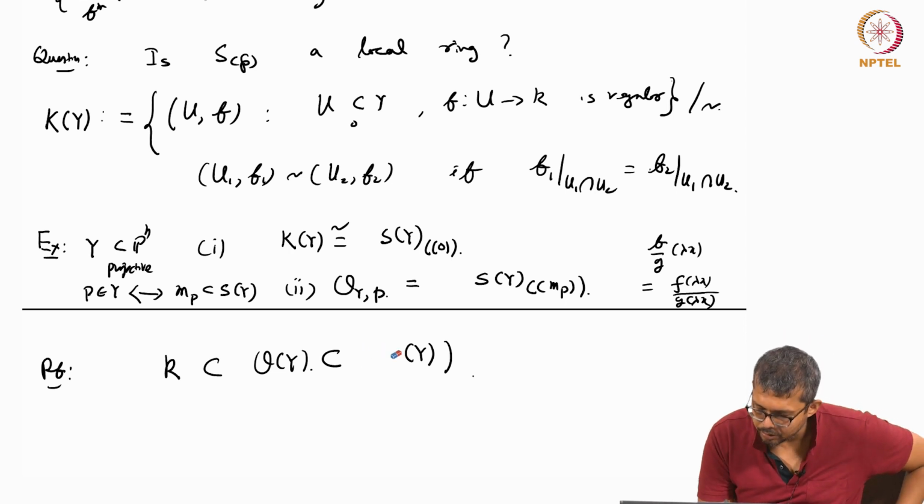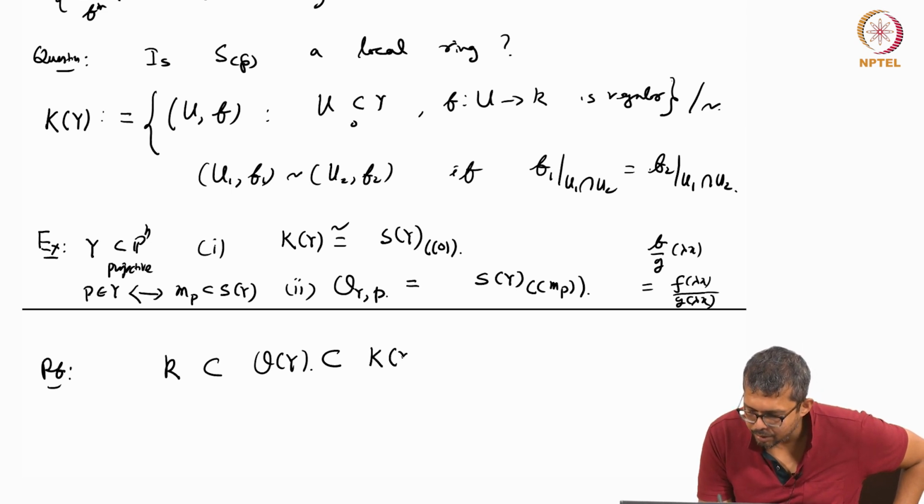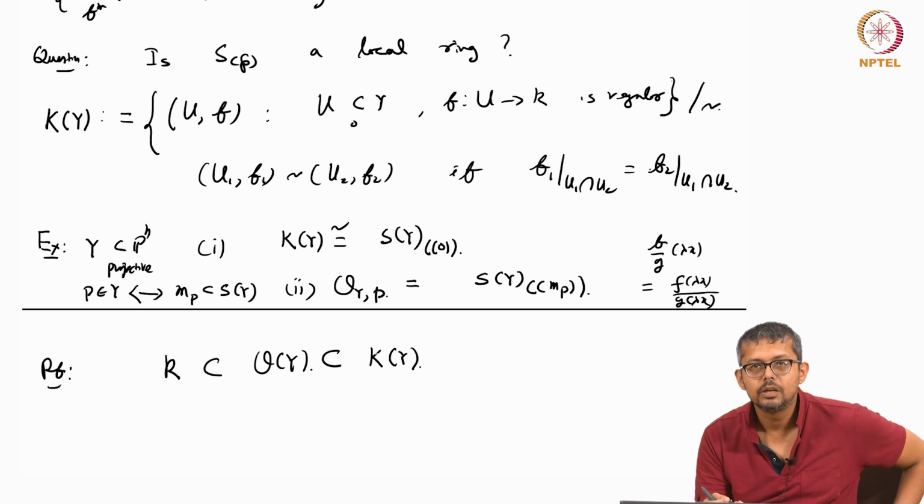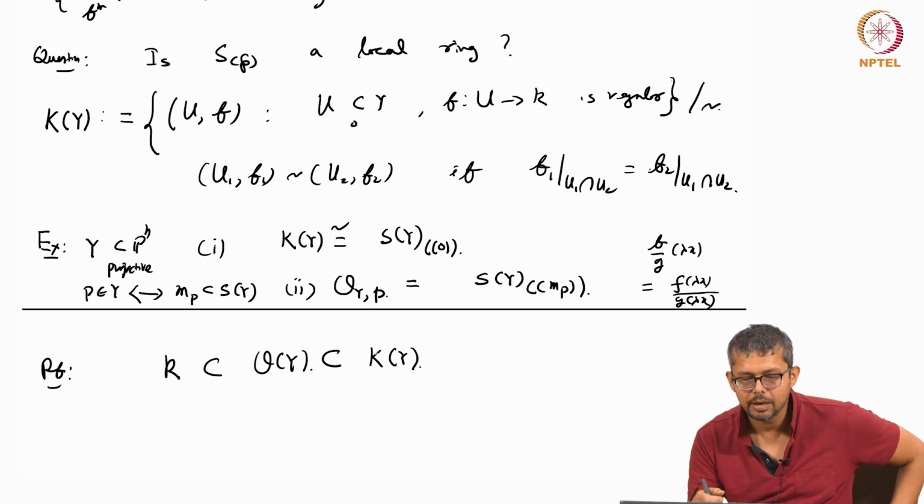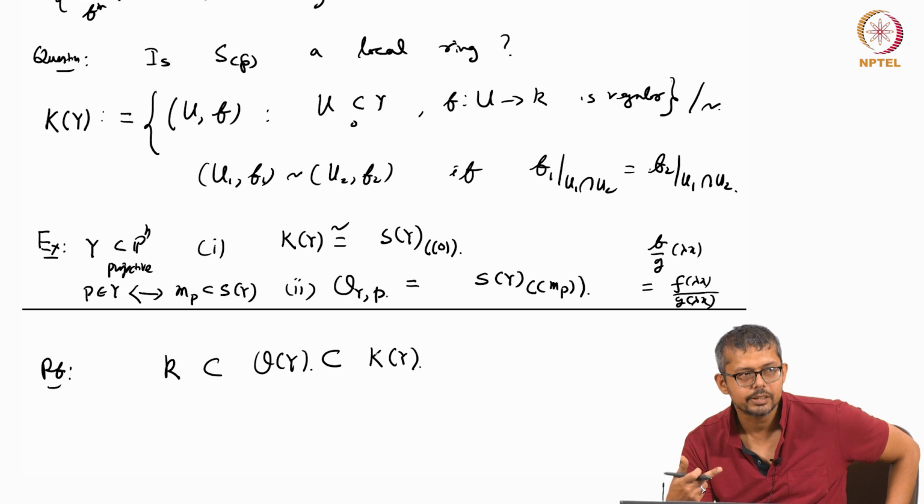Or let's write one more step. O_Y, its elements are regular functions. Of course, they are elements in the function field, because what is K_Y? K_Y is U by F, right? So if U is X by F, they are also elements of the function field, right?